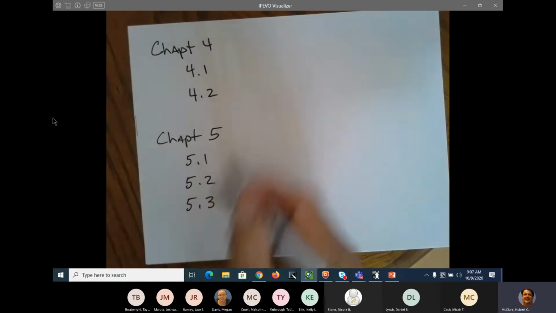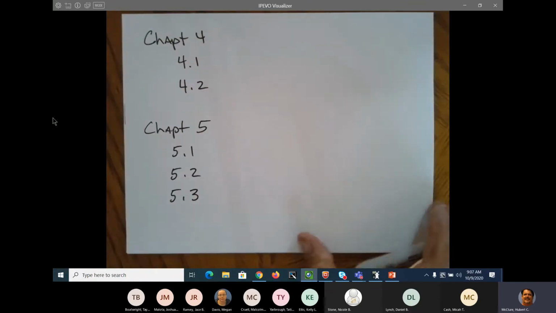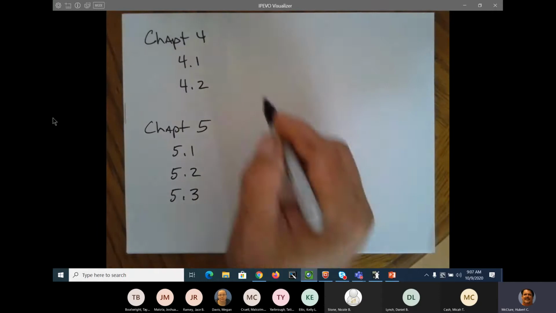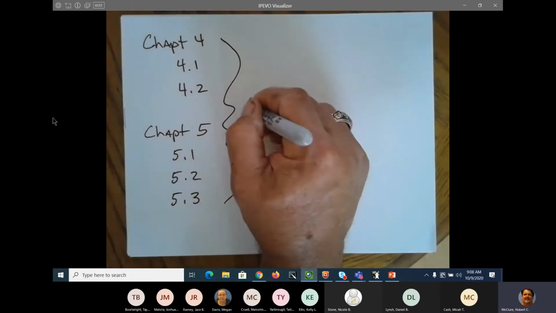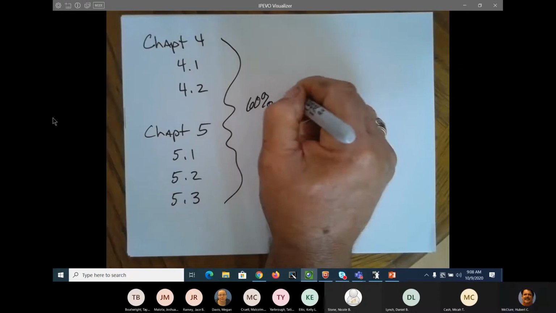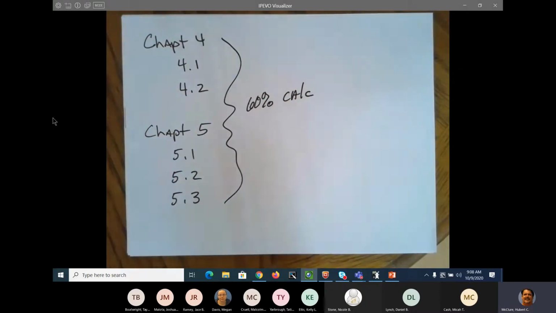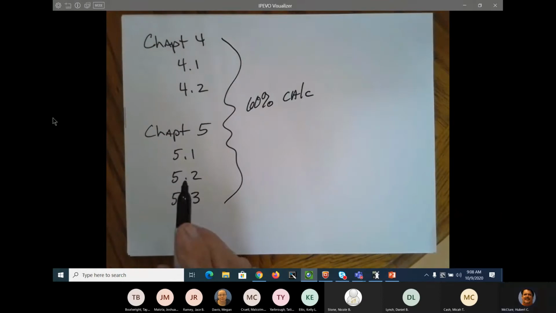Now, the good news about both of these tests is that you're going to do a lot of calculator work. I would say probably 60% calculator on these two sections. I know chapter 4 is just about all calculator, 4.1 and 4.2 on graphing polynomial functions.